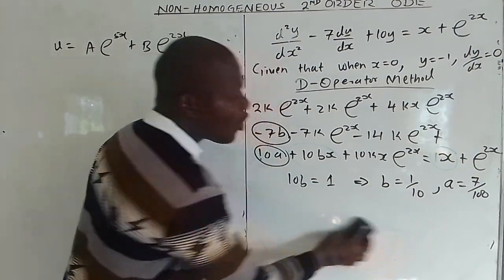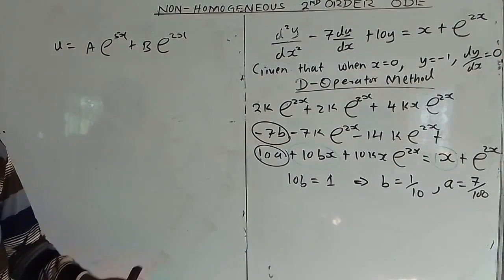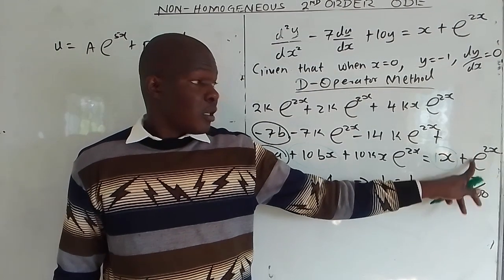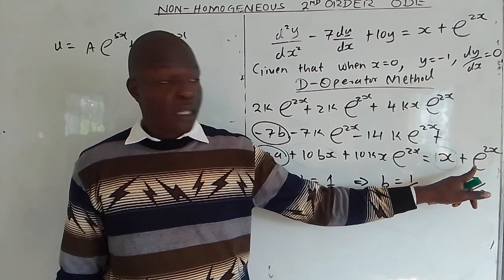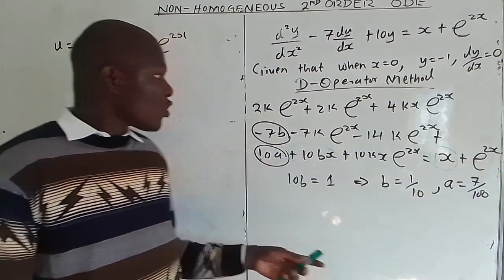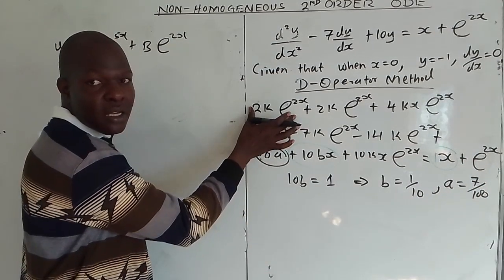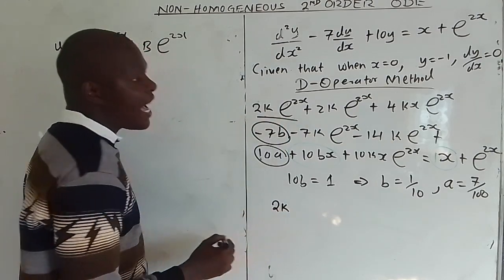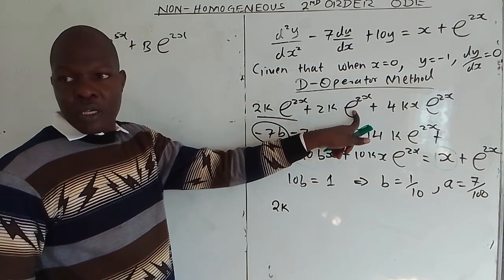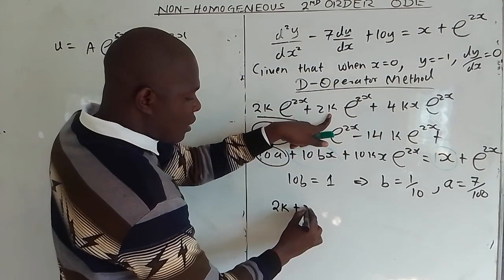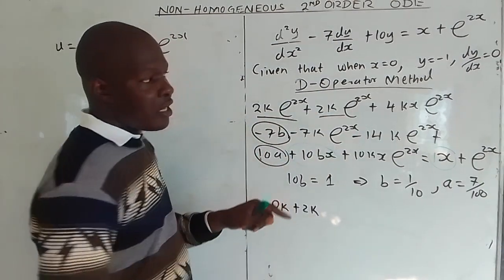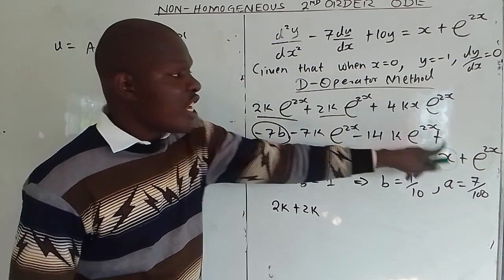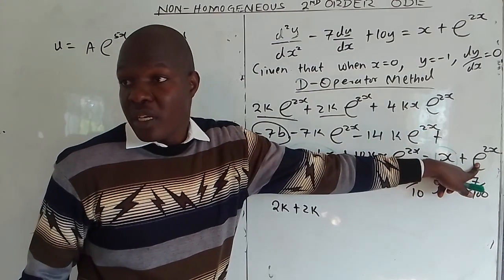Let us now compare the coefficients of the exponential function, the ones without x. So start. See, this one does not have x. What is the coefficient of this one? It is 2k. See, this one does not have x. Its coefficient is plus 2k, isn't it? This one has x. We don't need it. It is not on the other side of the equation, isn't it?